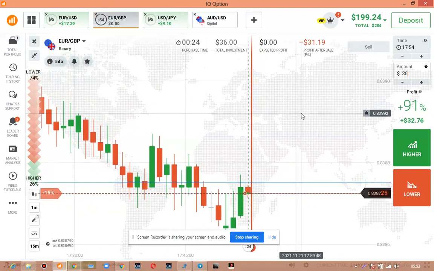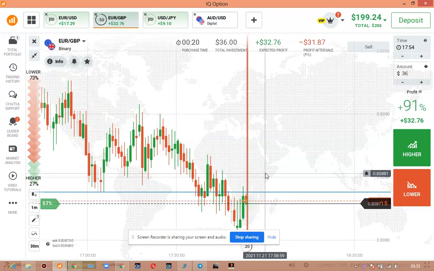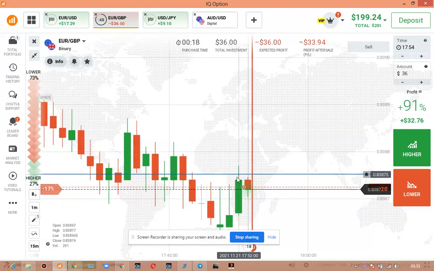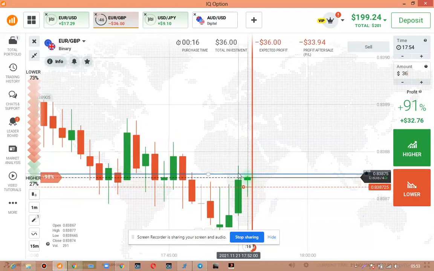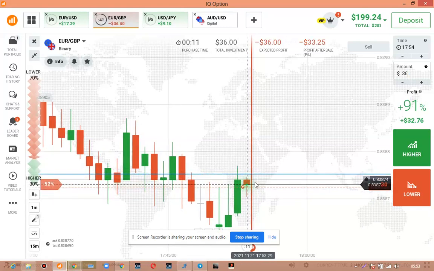So always trade in the direction of the trend. Okay, this is also a downtrend and a break of structure. So the price retrace and got rejection from the level. So sellers will enter.